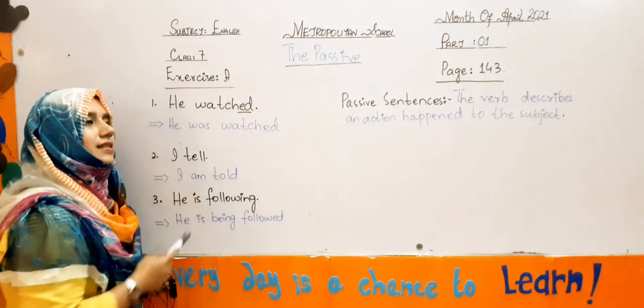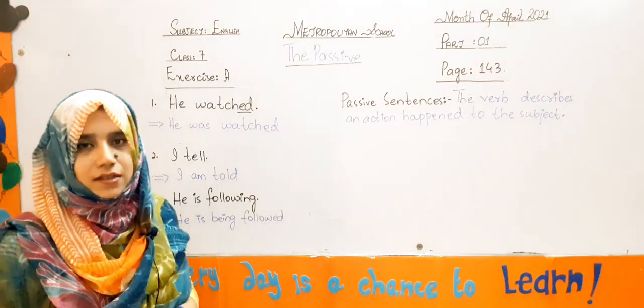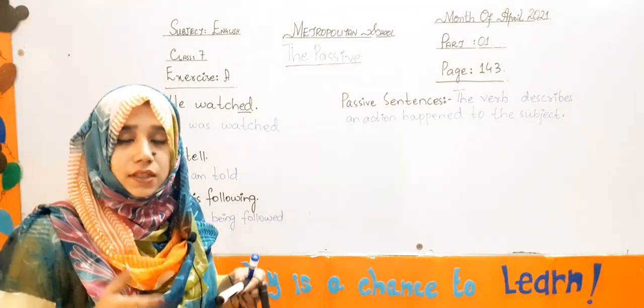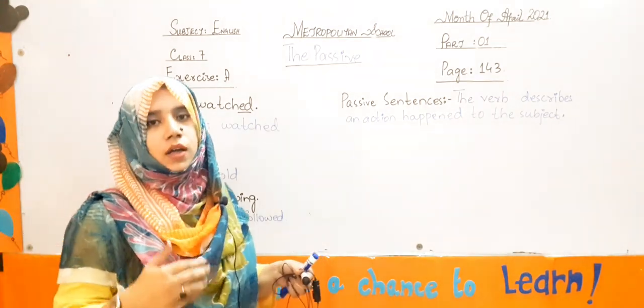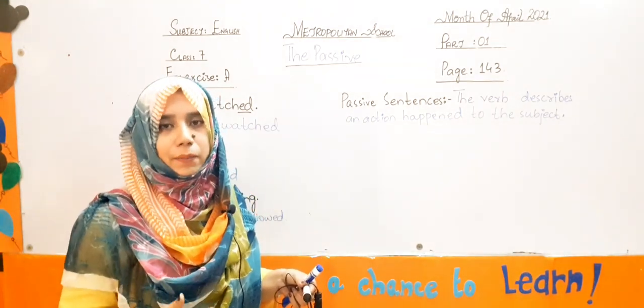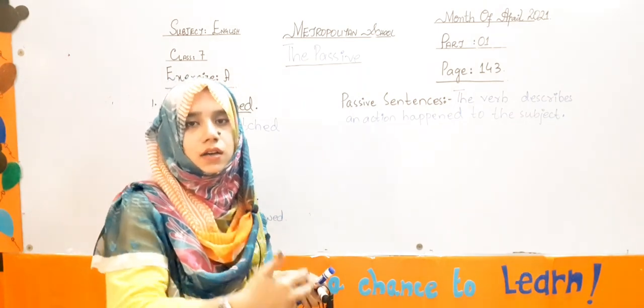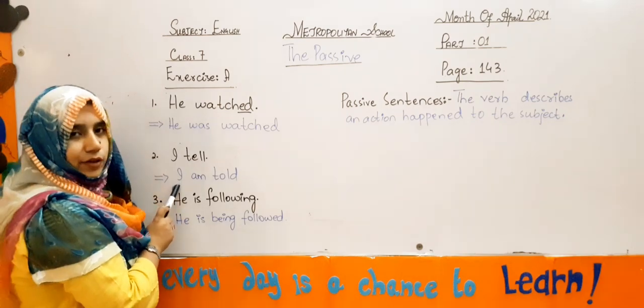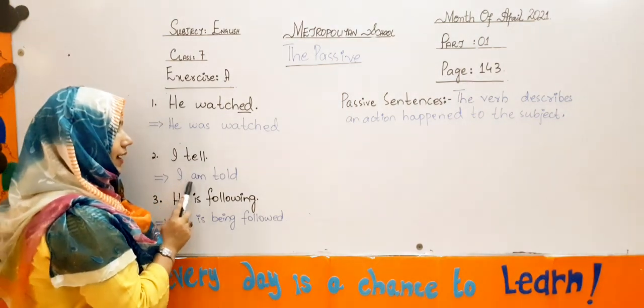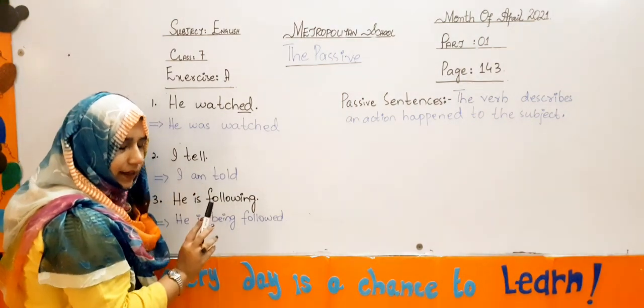So the sentence is in which tense? It's in present simple tense, and if the sentence is in present simple tense, we can change it using the helping verb of the present continuous tense. So with I, we are going to use am. So here: I am told, right, my dear students?